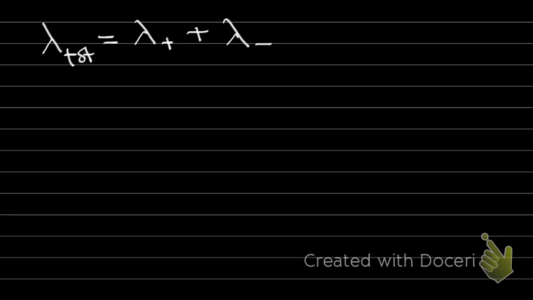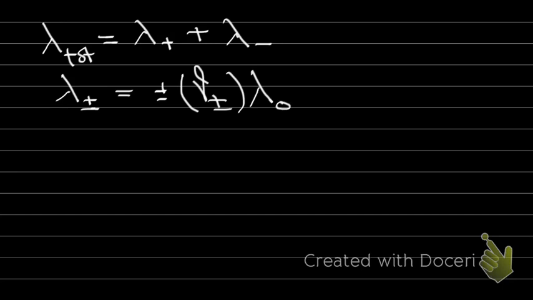But we wrote earlier that lambda plus minus is equal to plus minus gamma plus minus, which is again the Lorentz factor for plus minus velocities, times lambda naught. And again lambda naught is the charge density of the line charge in its own rest frame, right?